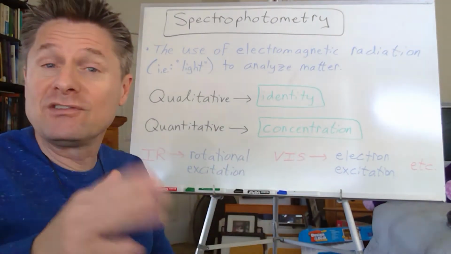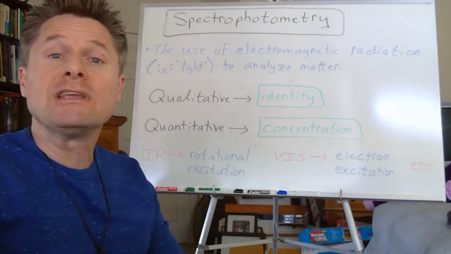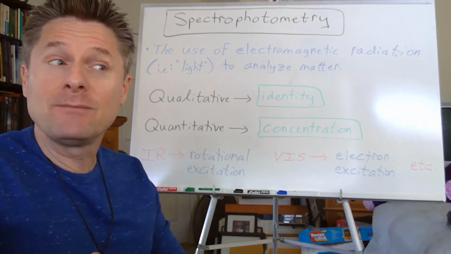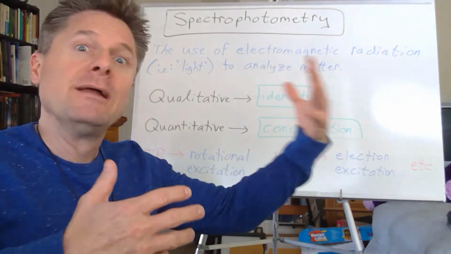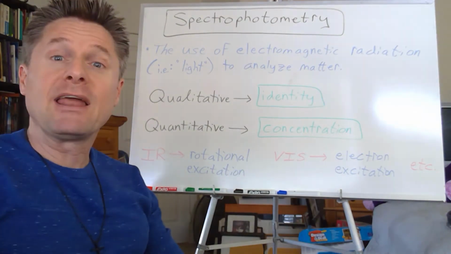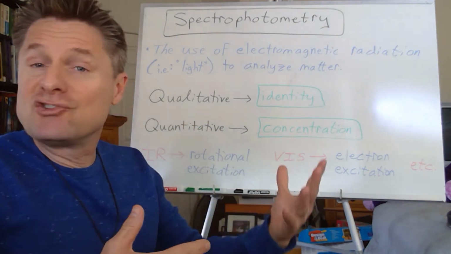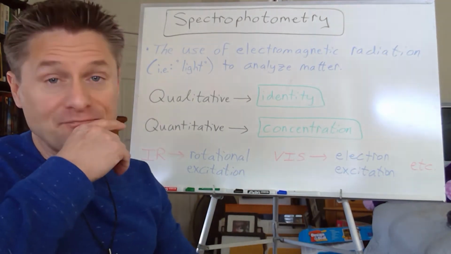All the different regions. So you might want to review some of your first semester of general chemistry on electromagnetic radiation, the electromagnetic spectrum, infrared, ultraviolet, visible, nuclear, X-rays, all those different regions, the relationship between the speed of light, wavelength, frequency. That would be a good review.